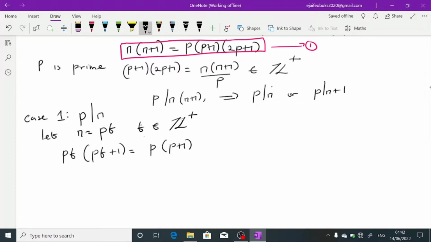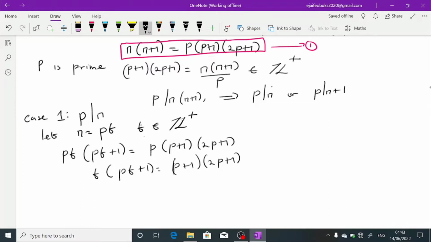We're just substituting pt for n. Dividing through by p, we have t(pt plus 1) equals (p plus 1)(2p plus 1).